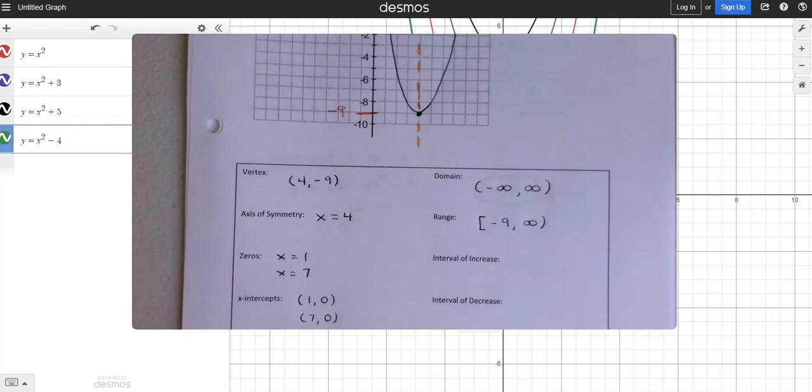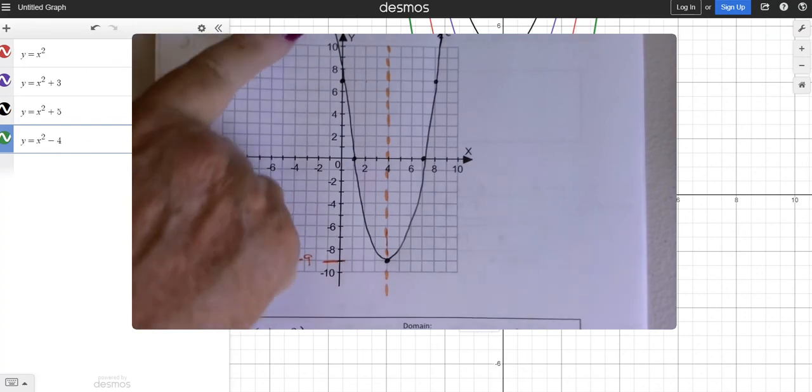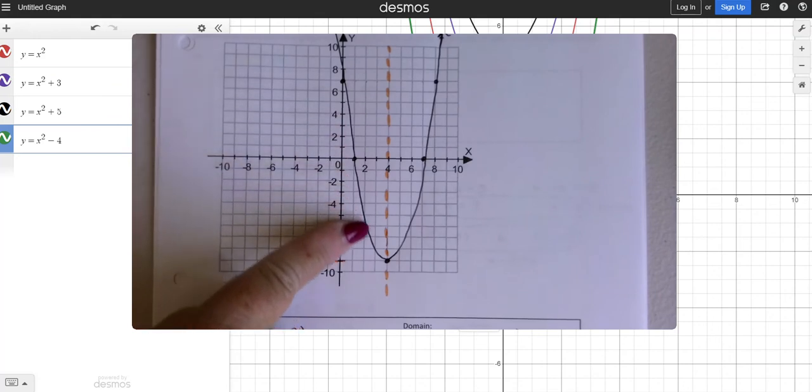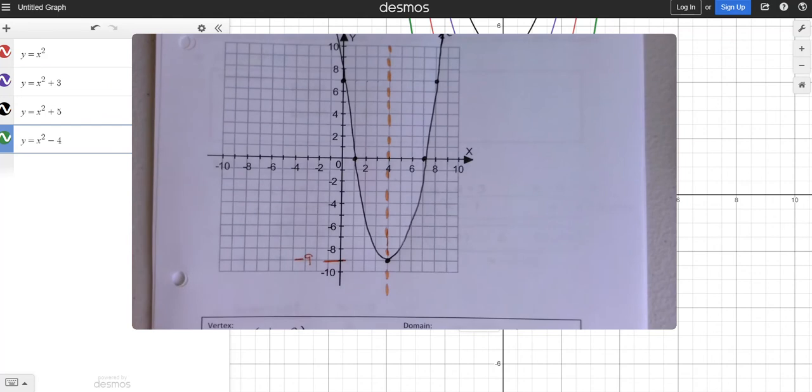All right, finally, intervals of increase and decrease. I'm going to try not to mark up my actual parabola too much. This graph is going to start decreasing, right? As we read from left to right, we're going downhill until we get to the vertex.